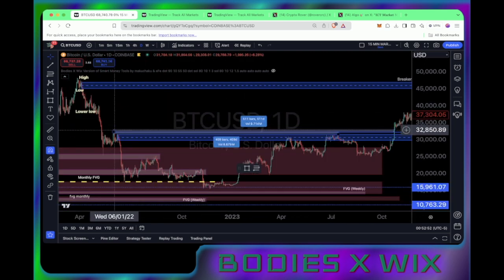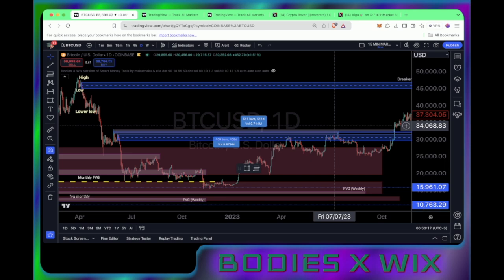What I wanted to show you is that with this high taking place, stretch further to the right, you have somewhat equal highs to that, and then you have another somewhat equal high. Whenever you have two somewhat equal highs close to the price range, that is where liquidity forms.